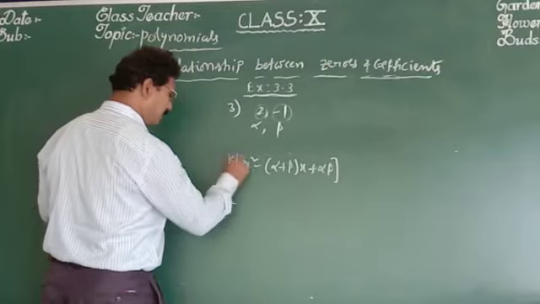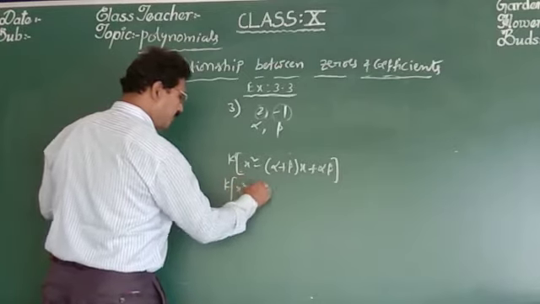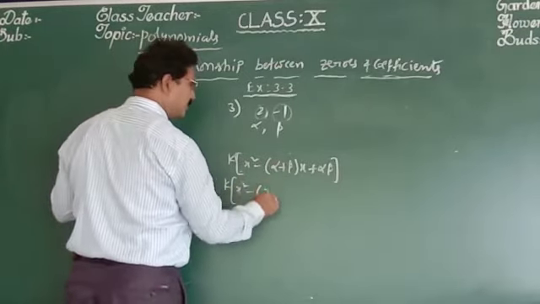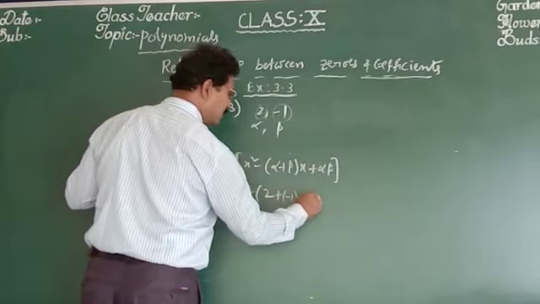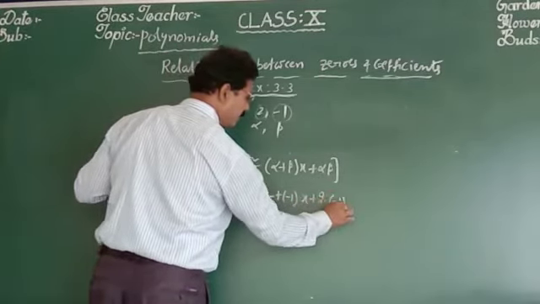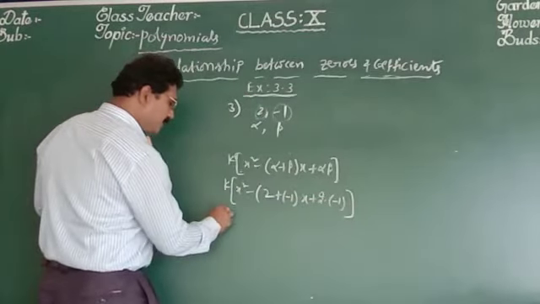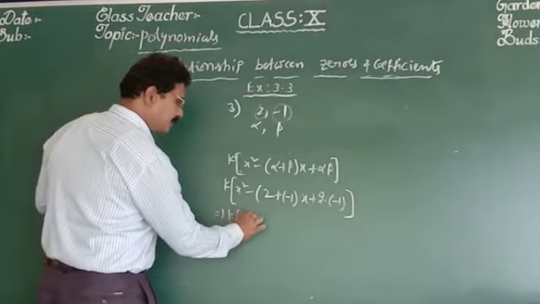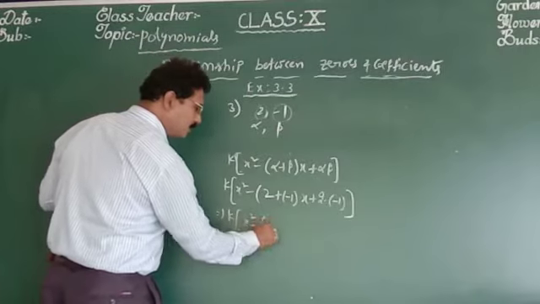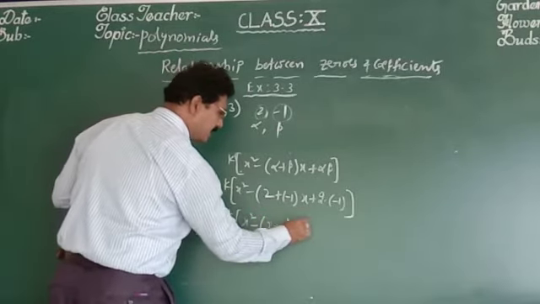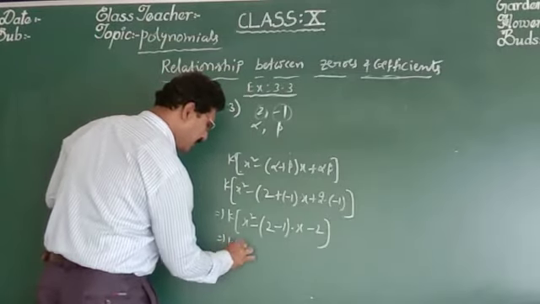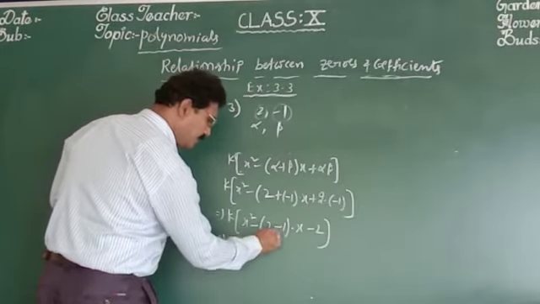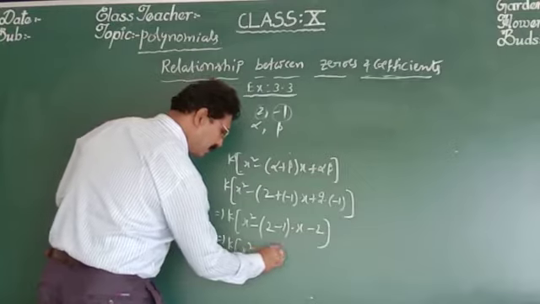So k of x square minus (2 plus minus 1) into x plus (2 into minus 1). So k of x square minus 1 into x minus 2.